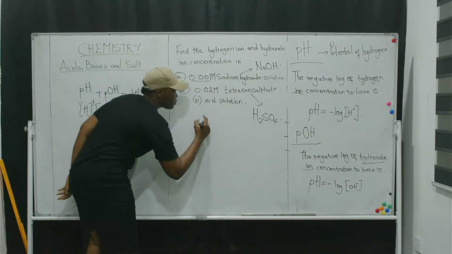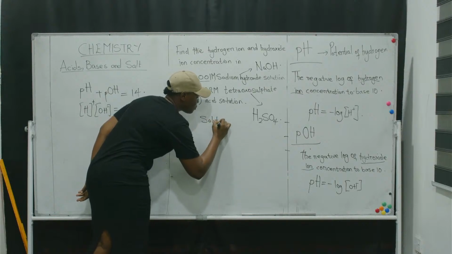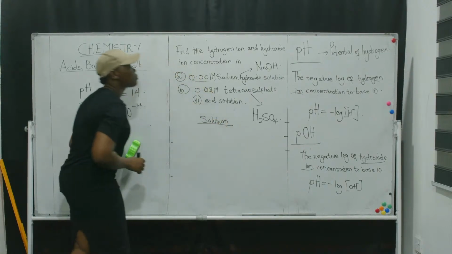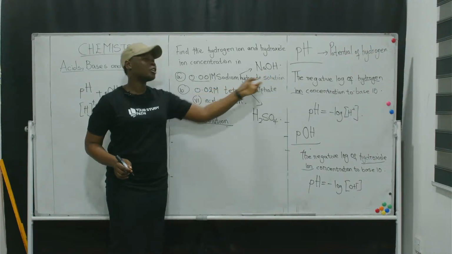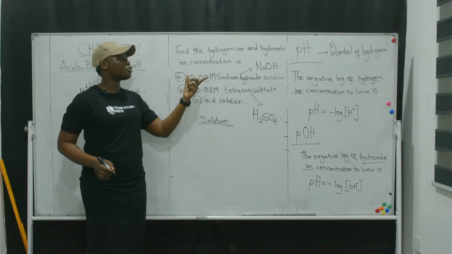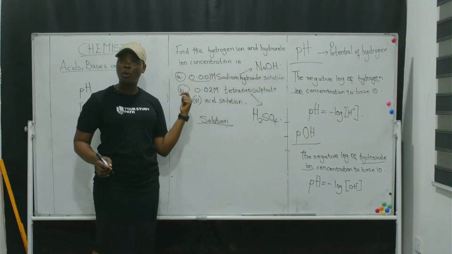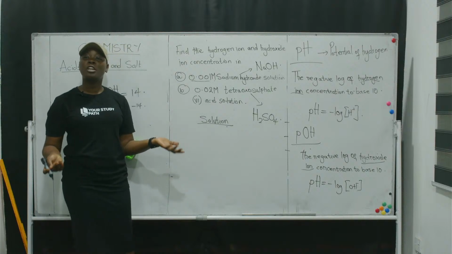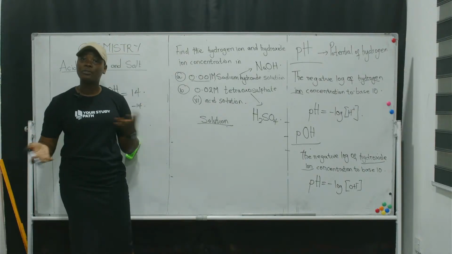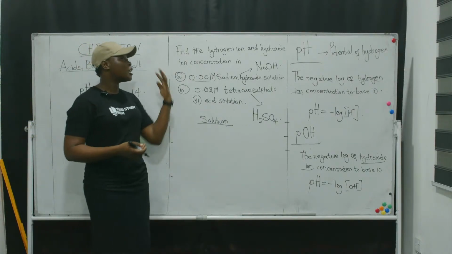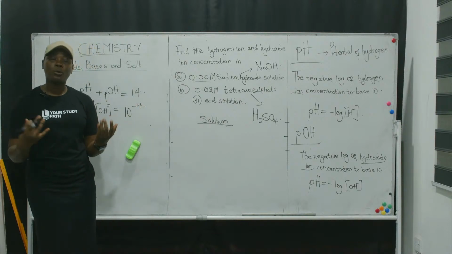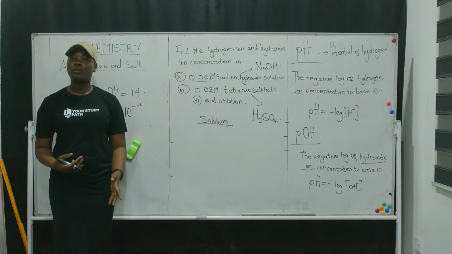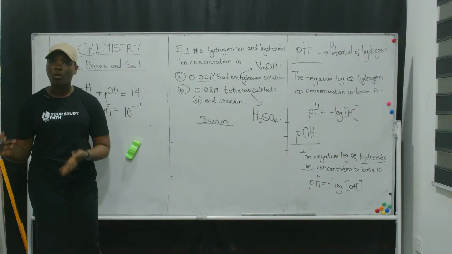So let's solve. Sodium hydroxide, which is NaOH, so we know this molar concentration is for OH, not for hydrogen. If you don't know the formula, there's no way you can know whether it's for hydrogen or OH. Since we know the formula, that is sodium hydroxide, we know that this molar concentration is the concentration of OH.